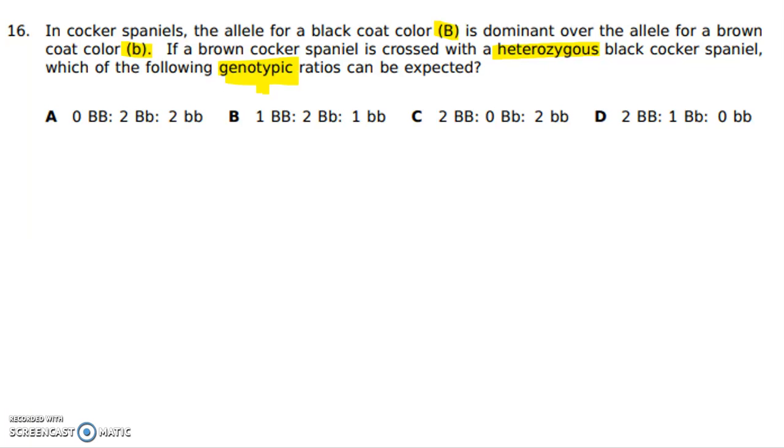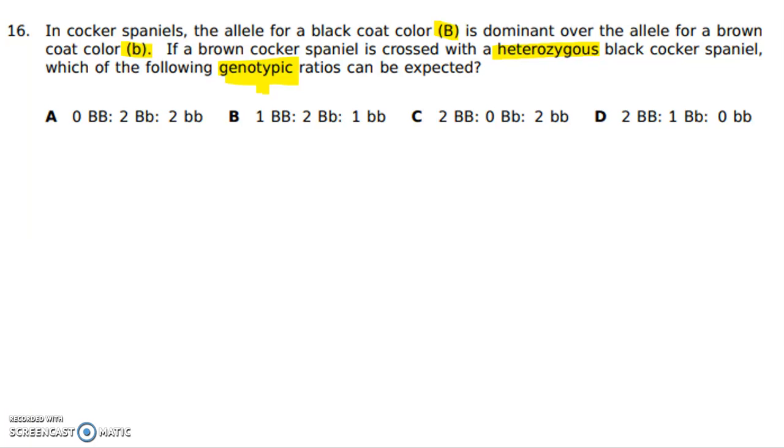And if you remember the difference, with genotype, we're looking at the letters, and with a phenotype, we'd just be looking at if it's going to be black or brown, the color itself. And it appears all of our answer choices here have alleles, the letters for the genotype. And it's told me a few things.